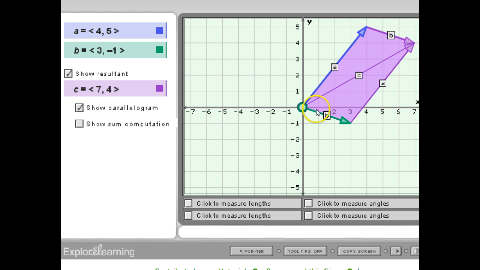So basically, if you took the B vector and put it right up on top here, parallel and the same length, and took the A vector, put it on the right here, wherever those vectors intersect, the diagonal is the resultant force. That's what we call this C. That's where the thing ends up going. And you can see what happens is we produce two equal triangles, two congruent triangles that we can operate on using our law of sines, law of cosines. Okay, so let's do some of those calculations.